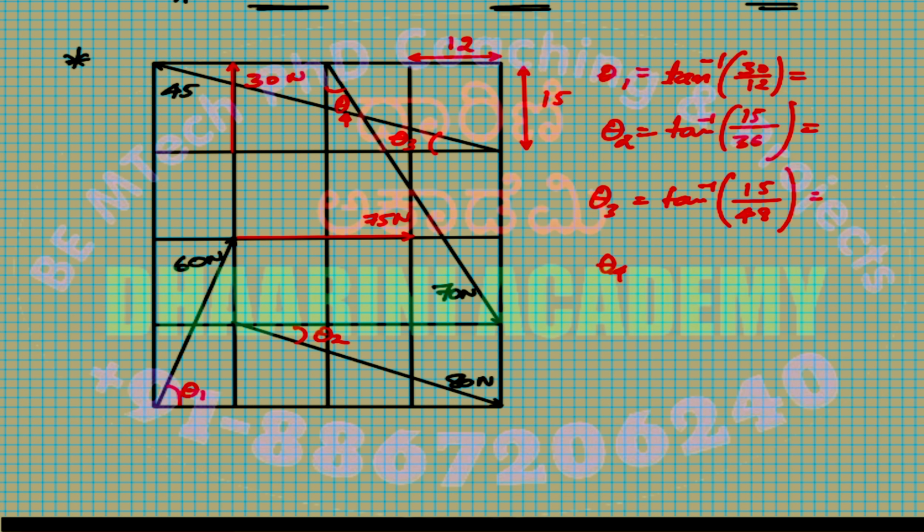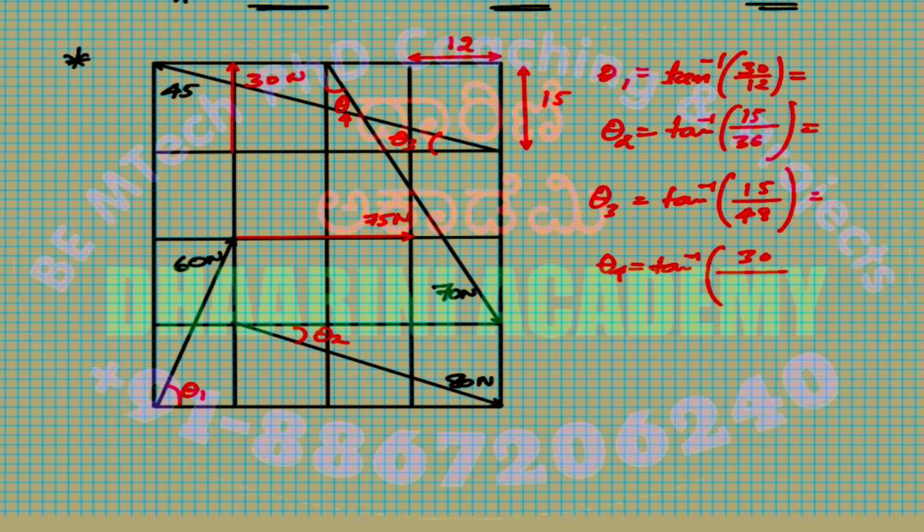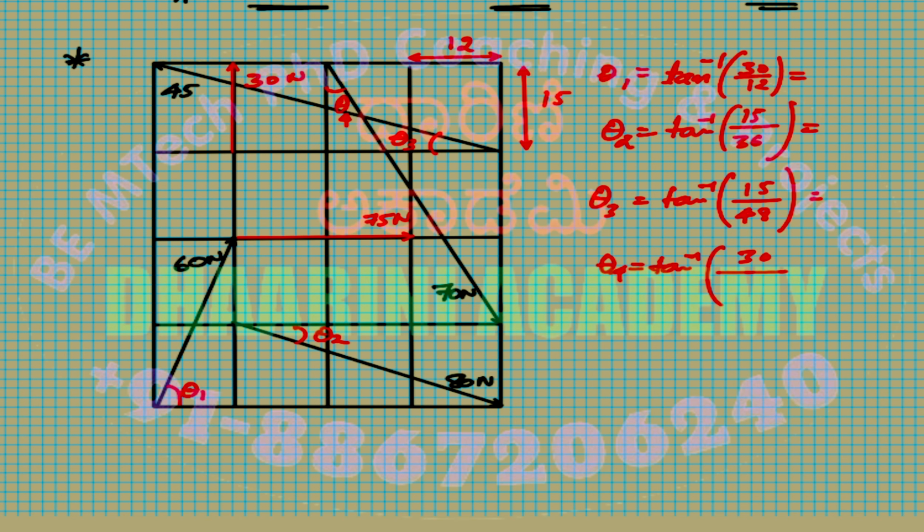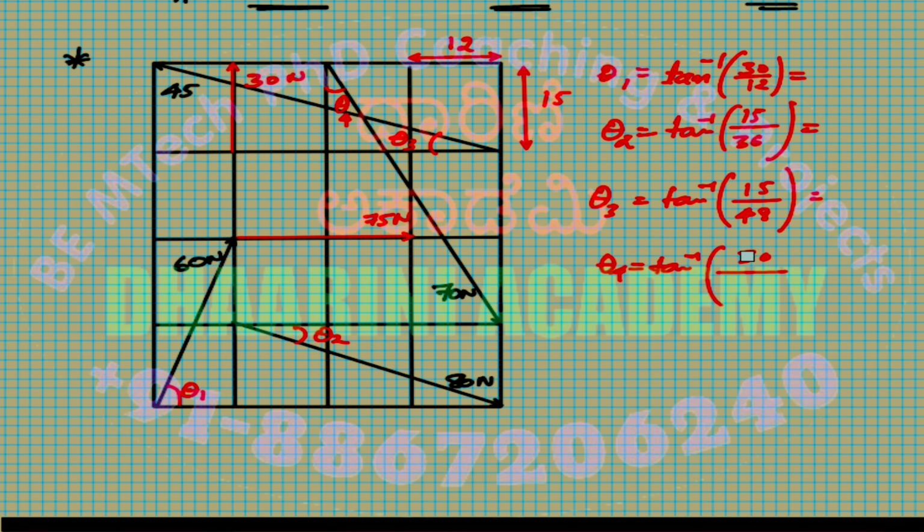That is tan inverse of, vertically I have to move 24, sorry, not 30, my mistake. Let me correct. So this is equal to 24 divided by 45. Get another angle.